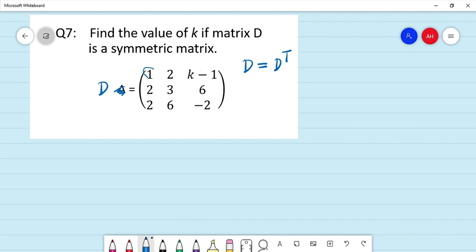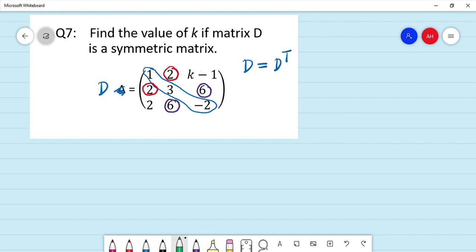If this is the main diagonal, these three numbers here are in the main diagonal. If the matrix is symmetric, it must be symmetrical about this diagonal. Meaning to say, this number 2 must be equal to that number 2. Okay, this number 6 must be equal to that number 6.